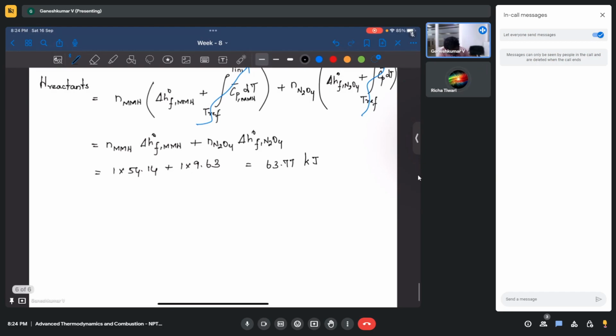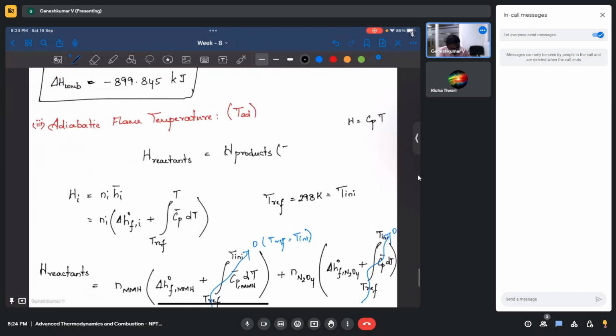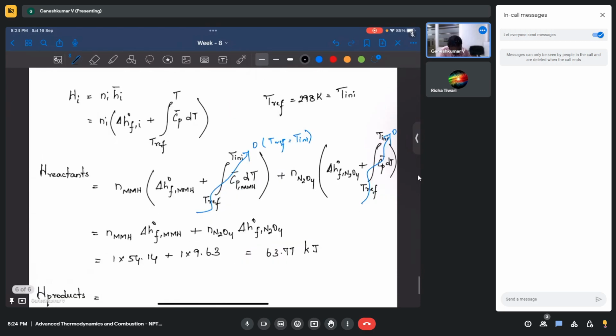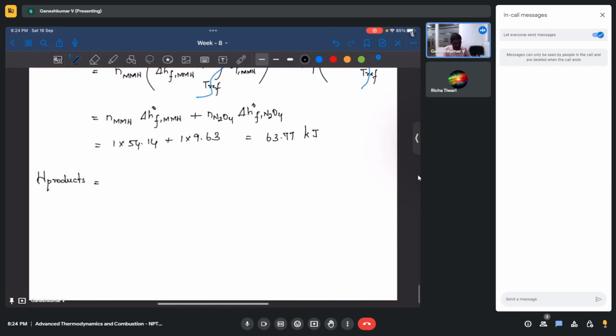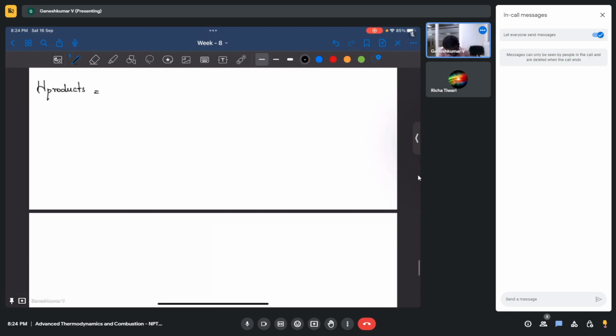Now let's write the enthalpy of products. But the products will be at the adiabatic flame temperature. Since it's an adiabatic setup, there is no heat loss, so the temperature is going to rise.